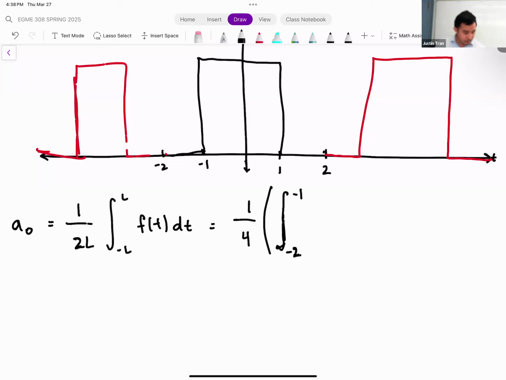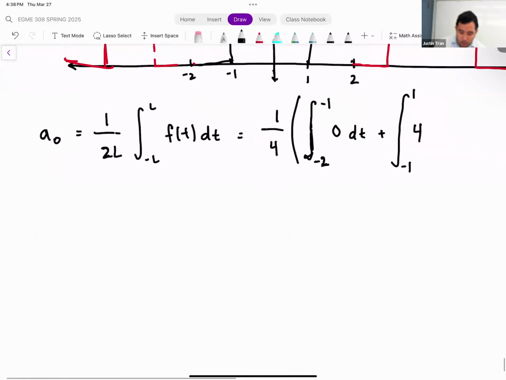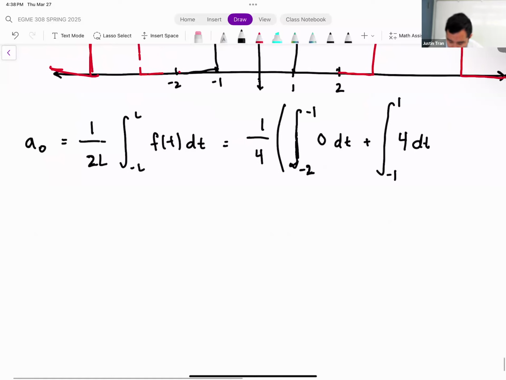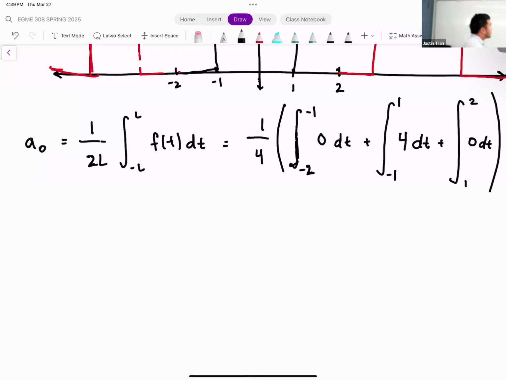The value of the function in that interval is just 0 dt. Then we have integral from -1 to 1 as our second zone, and the value of the function in that zone is 4 dt, plus the integral in the last zone, which is from 1 to 2. The value of the function in that integral is 0. Let's carry out these integrals.